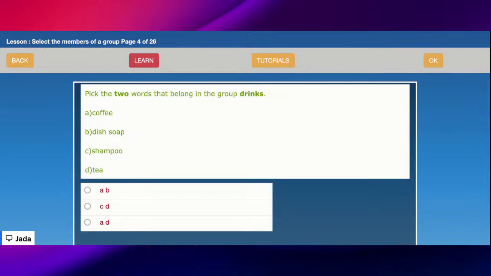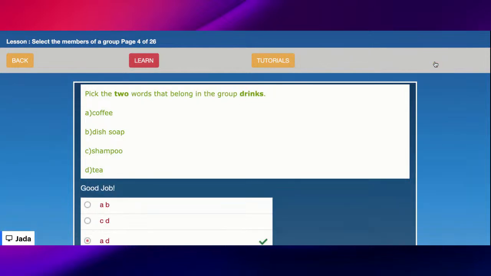Group of drinks. Option three, AD. So coffee and tea.